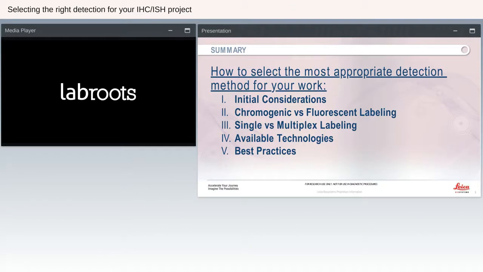So, summary of this is how to select the most appropriate detection method for your work. Some initial considerations we'll talk about first: chromogenic versus fluorescent labeling. We'll move into single versus multiplex labeling, which everybody gets very excited about, and available technologies, and finally some best practices.